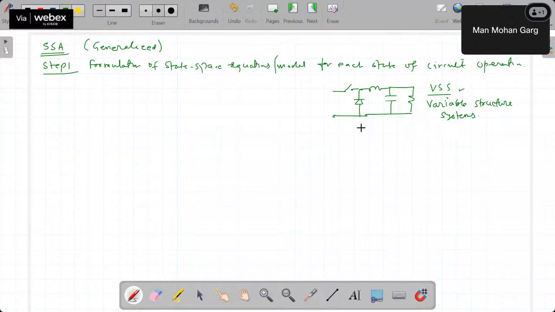So if we talk about CCM, in CCM there are two modes.